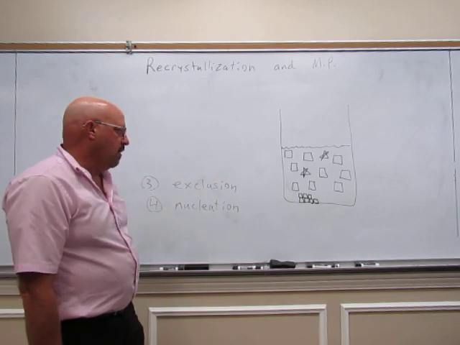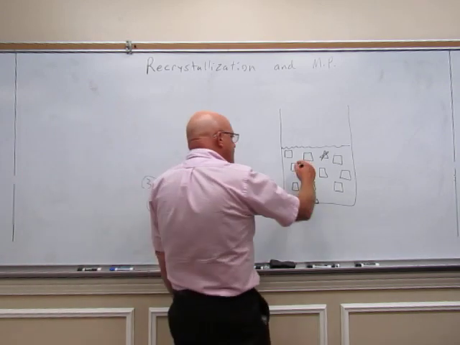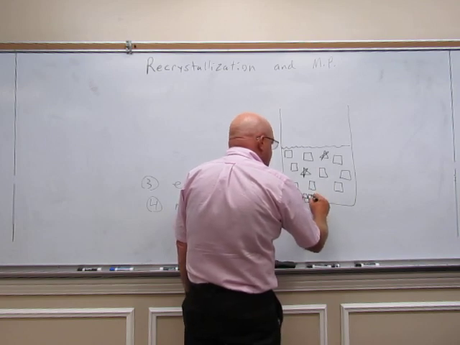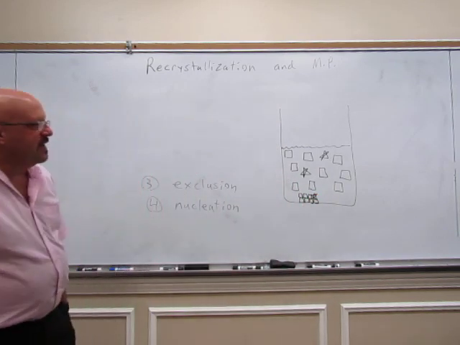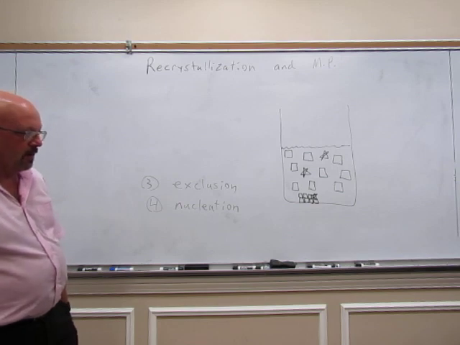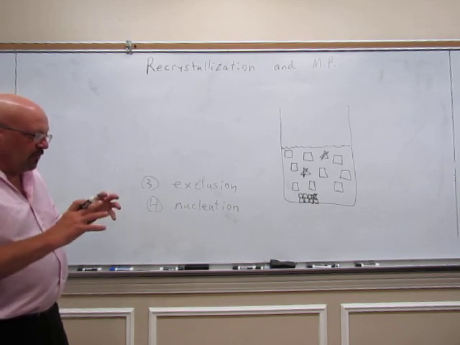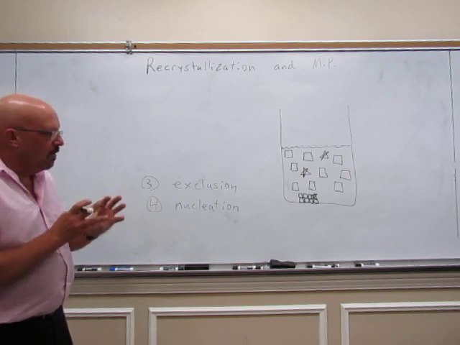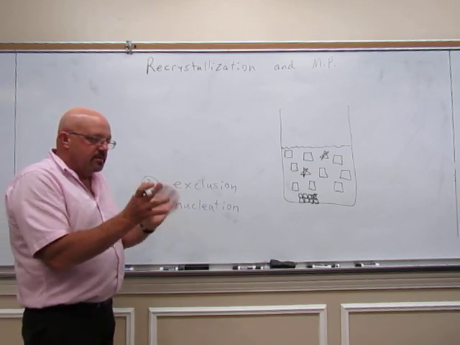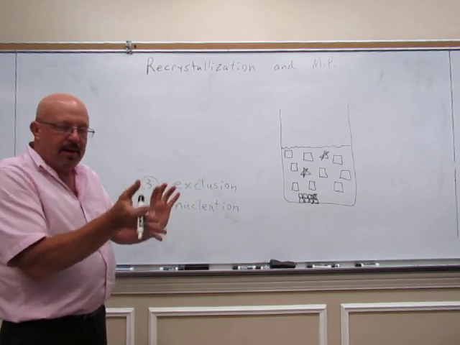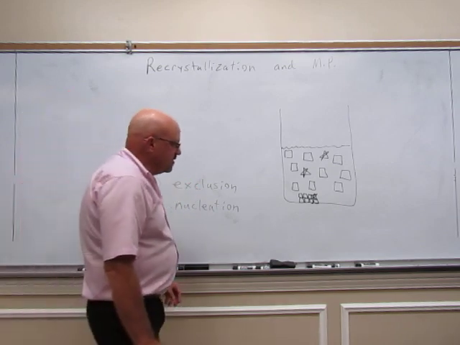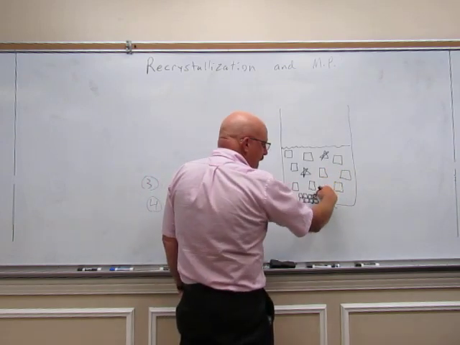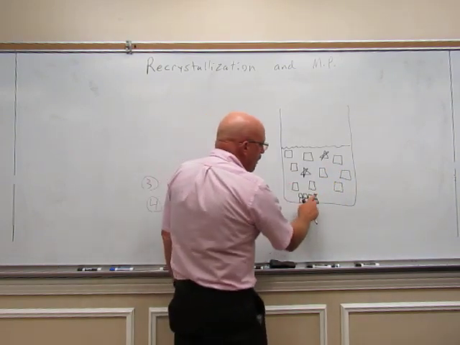They stay dissolved. Now, if a star happened to come in here and try to fit in, you can see it doesn't fit right. When things crystallize, they like to pack as tightly as possible. They don't like a lot of extra empty space. And the little star does not fit in there. So even though it may try to come on, it'll come right back off.